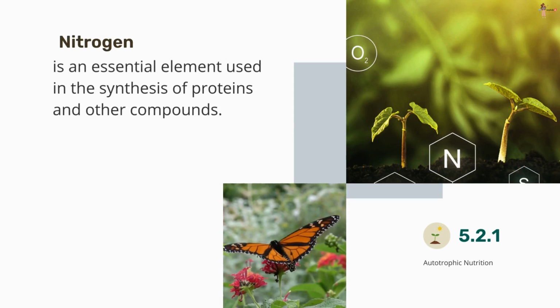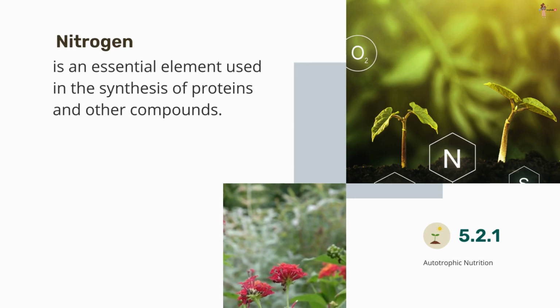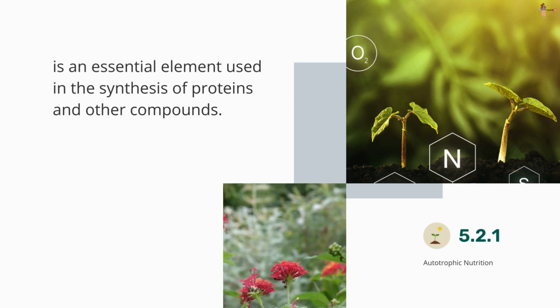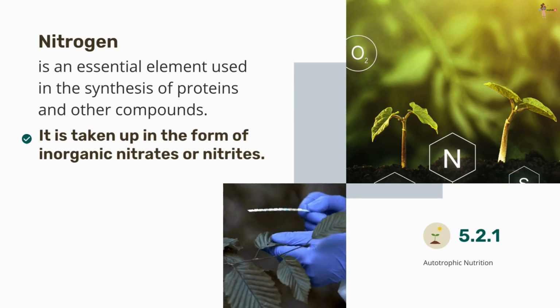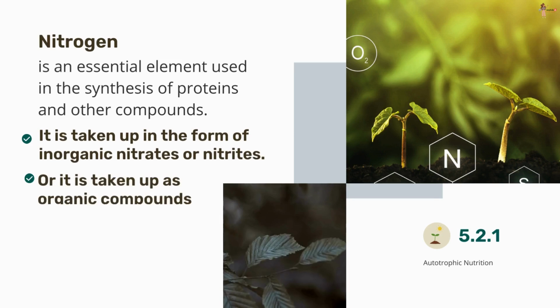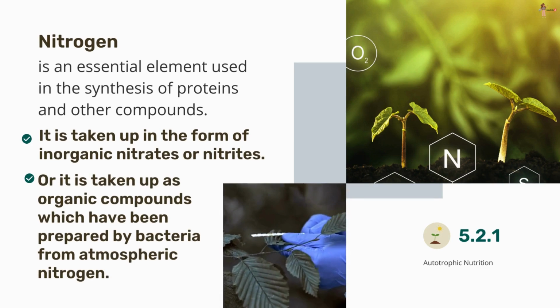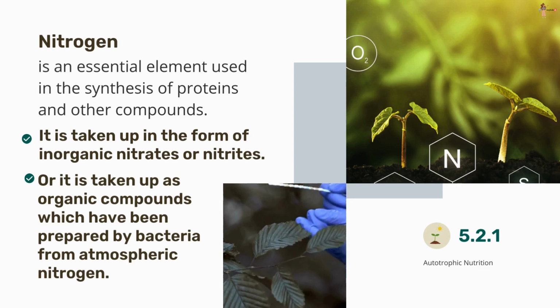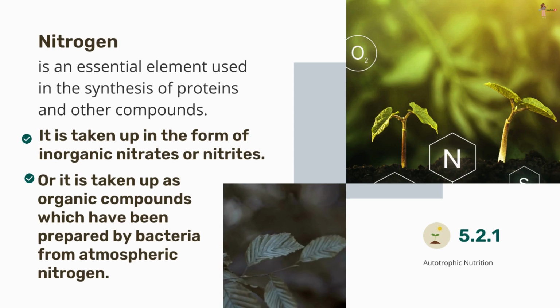Nitrogen is an essential element used in the synthesis of proteins and other compounds. This is taken up in the form of inorganic nitrates or nitrites, or it is taken up as organic compounds which have been prepared by bacteria from the atmospheric nitrogen.